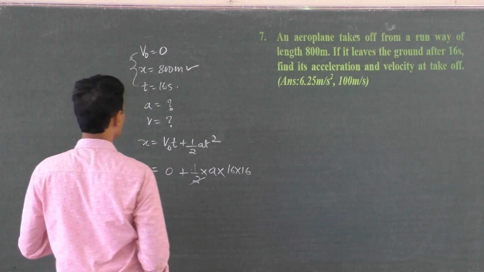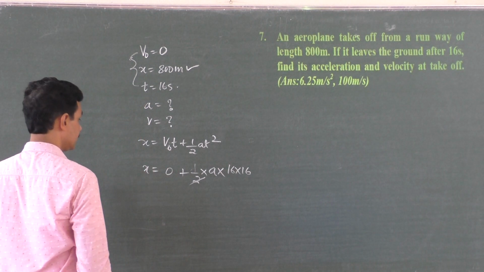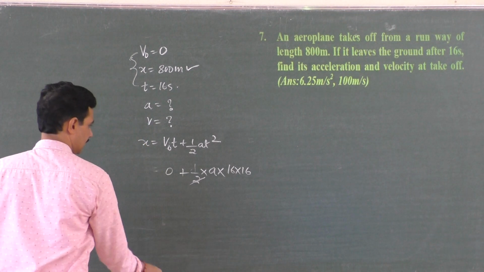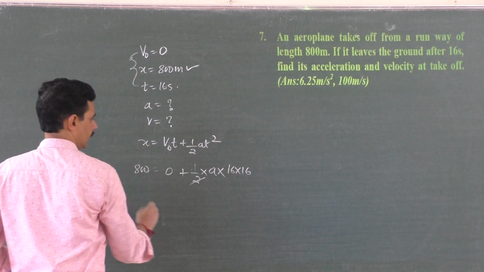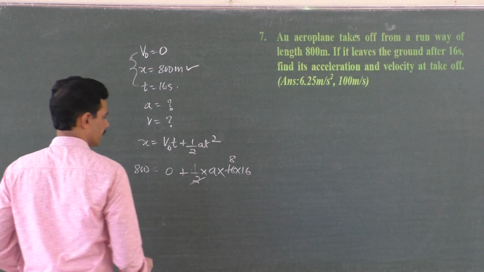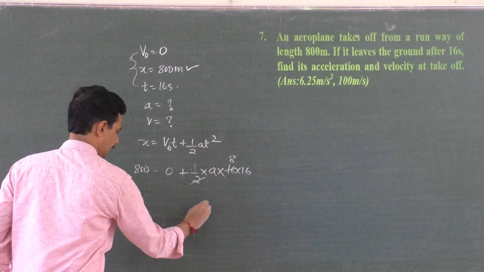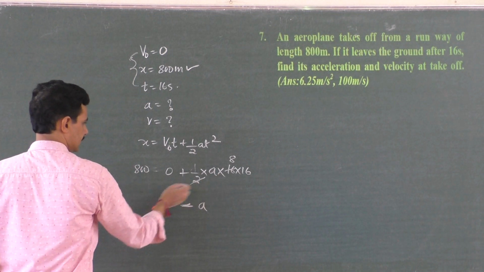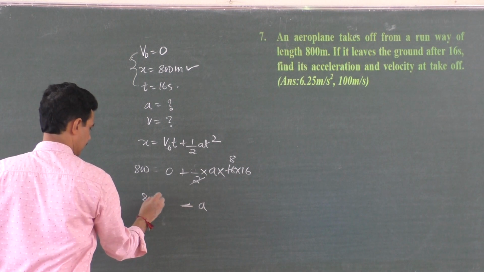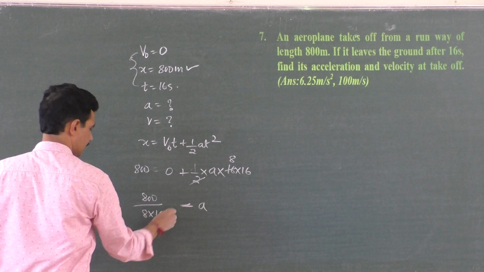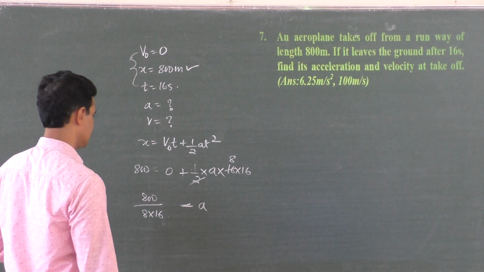We know x, so we substitute 800. Then a is equal to 8 into 16 in the denominator, correct?